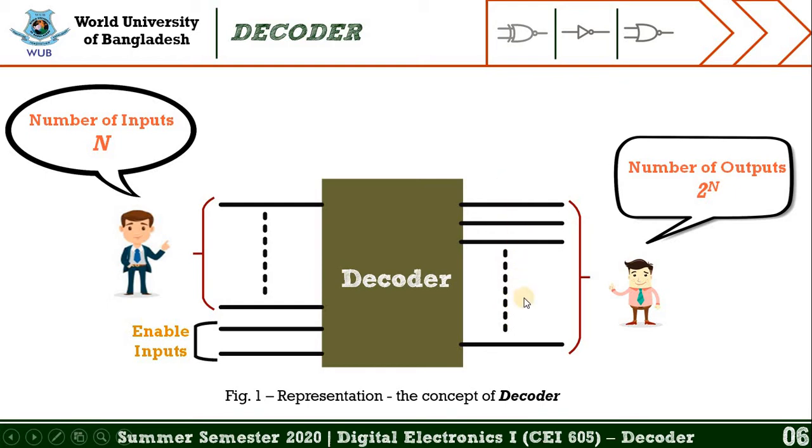There is also a special type of input named the enable input. So figure 1 represents the concept of the decoder. Let's move to the next slide.